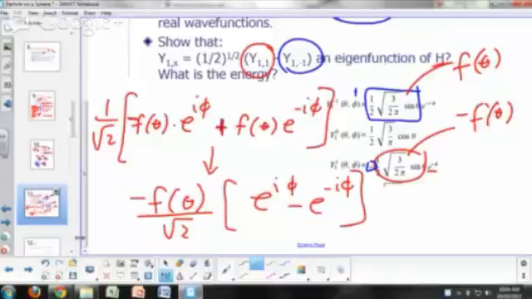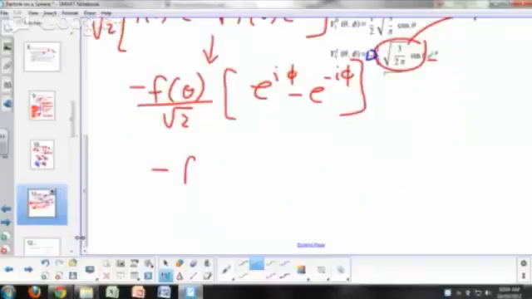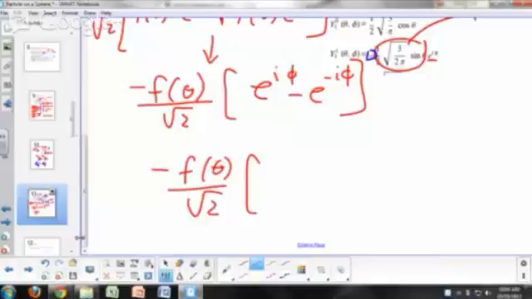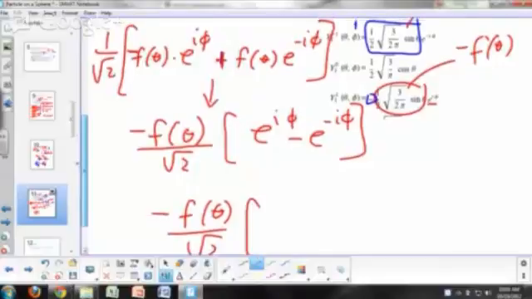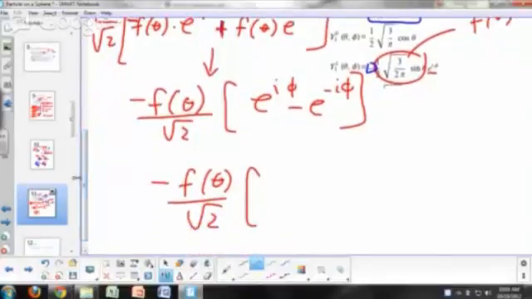But what is that? It's minus f of theta over square root of 2 times e to the i phi minus e to the negative i phi. You've seen that lots of times already. It's 1 over 2i sine theta, right?